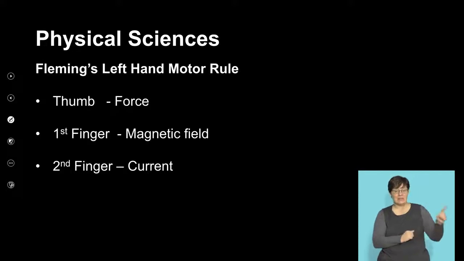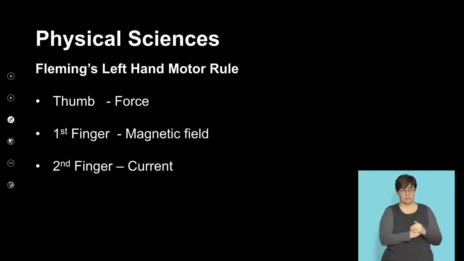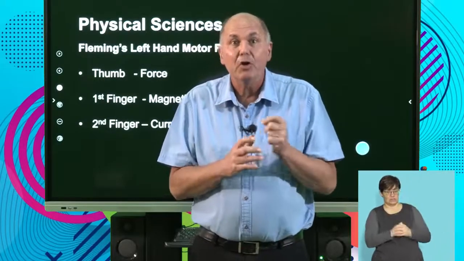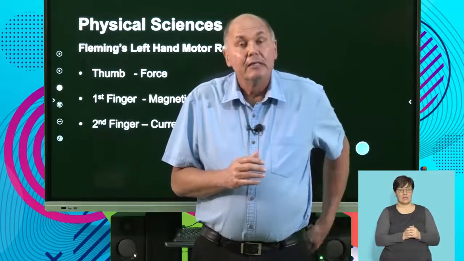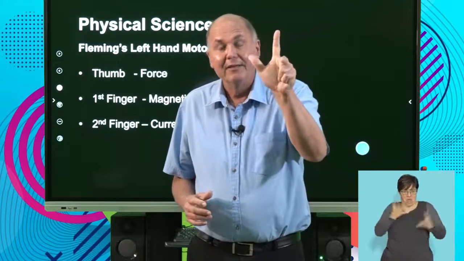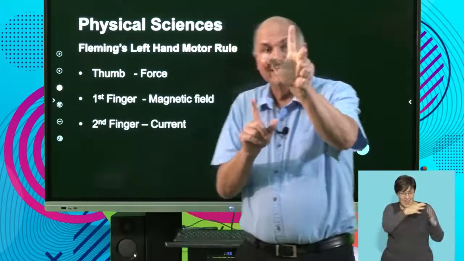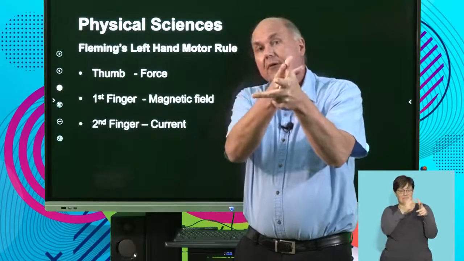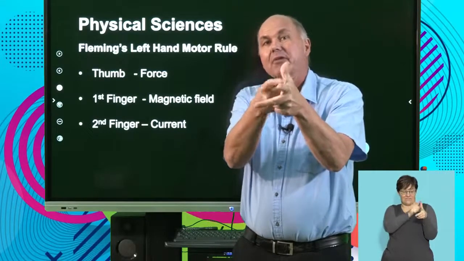So with Fleming's left-hand rule, here's the thing. We're going to arrange the letters in a more traditional way. We're going to say, slap your thigh, you're in the FBI. Okay, so if we look at it like that, F, B, and I. F stands for the thumb, the thrust.